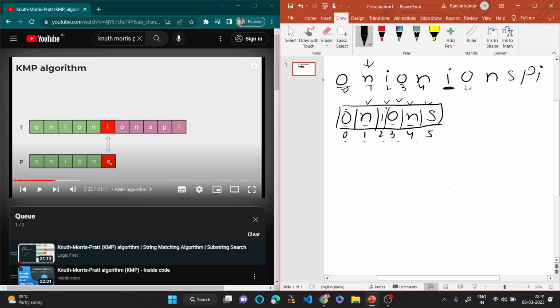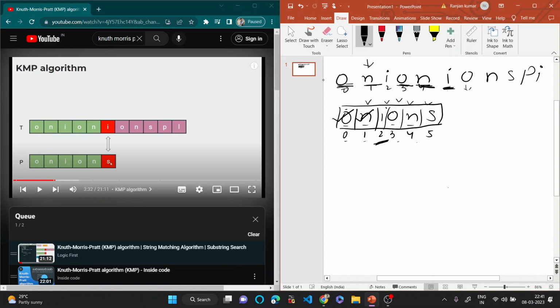So if at this position the matching breaks, what we see is that because these two characters are also the same, we don't know everything, but one thing we know is that because we have come up to there and the first two characters match, these two characters are going to be the same, that is, up to these two indexes we have already compared, and we should start from this position to compare in the string.